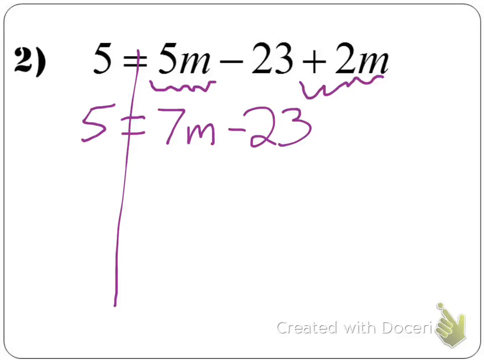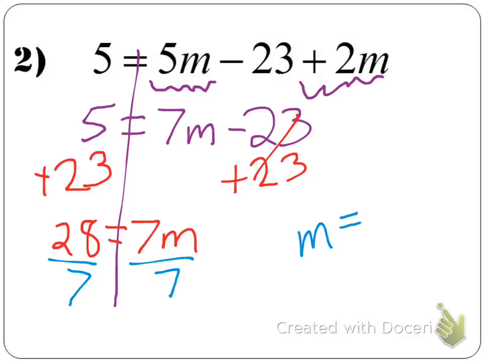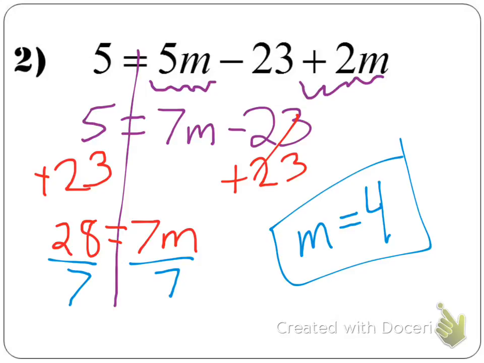Now what? Yeah, now you can add the 23. That gives you 28 equals 7m. Then what? Divide both sides by 7, and what do you get for m? Yeah, you just need to do 28 divided by 7, which gives you 4. What are your questions?